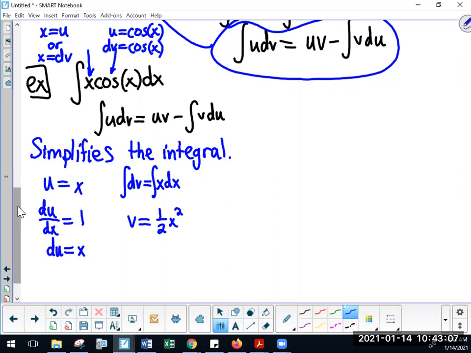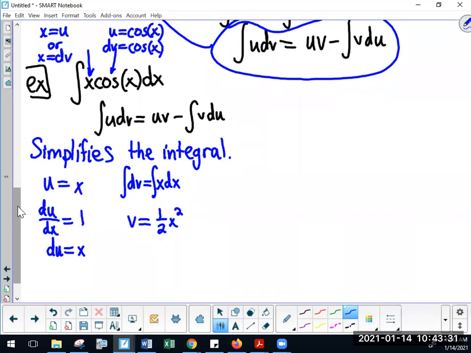So let me ask you this. Which one of these simplifies the integral if I pick it? Is it simplified to take the derivative of x to get 1? Or is it simplified to take the antiderivative of x to get 1/2 x squared? Which one seems simpler to you? I think you'd agree letting u equal x, yeah?